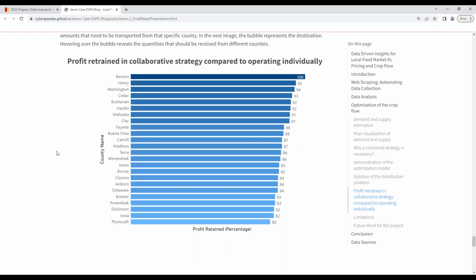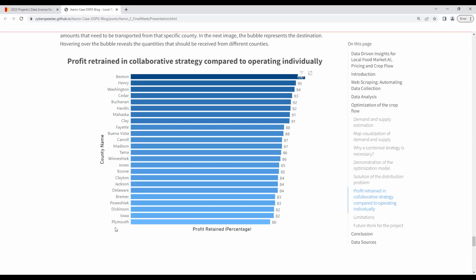For example, let's consider that this is Benton County. Benton County is able to sell to these 24 other counties, and in that case, it will have the maximum profit because it doesn't need to compete with other counties. At the same time, it would be able to sell all of its crops.